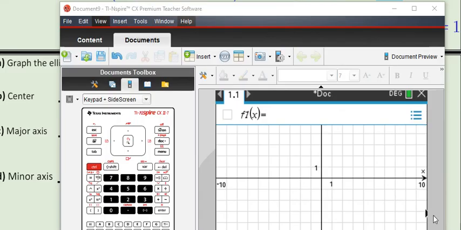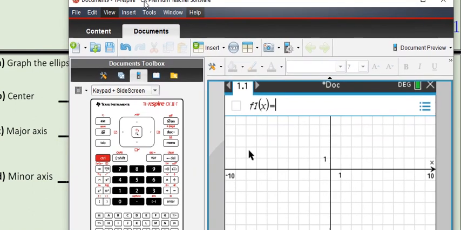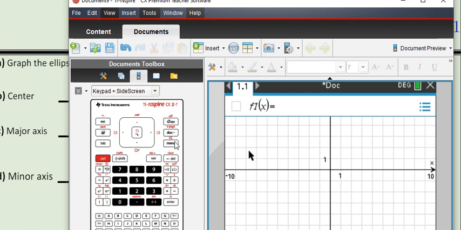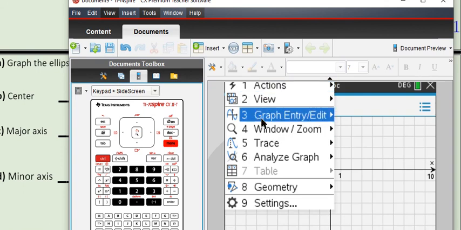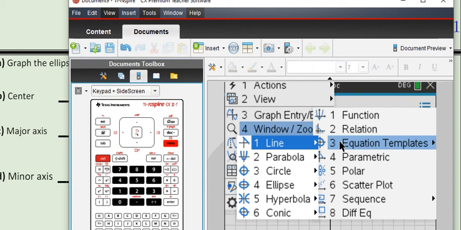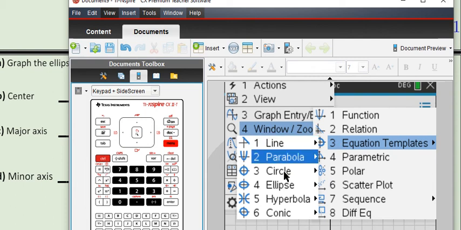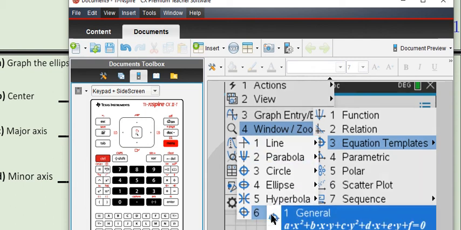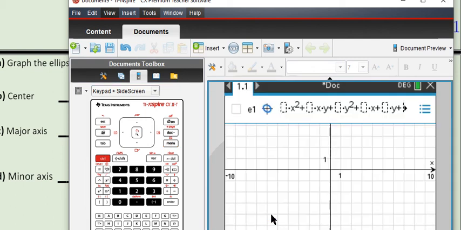The first method to graph this, well, it's not a function, it's an equation, is to go to my graphing calculator, menu, graph entry edit, equation templates, and I want to go all the way down to conics. So the general equation for a conic, I can take the values that are here. I've got 4x squared.